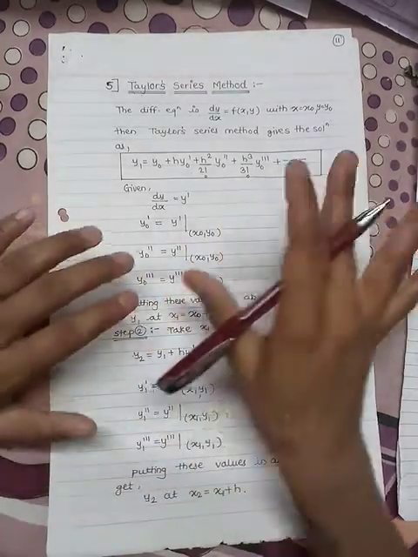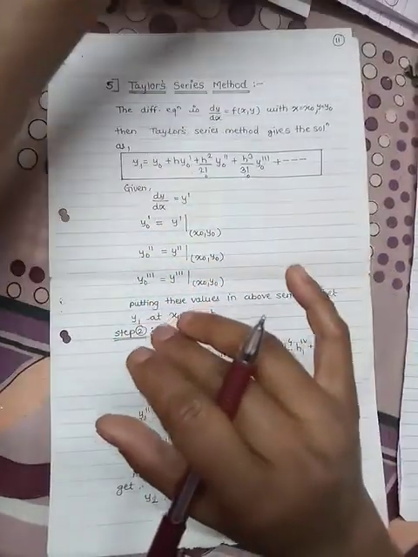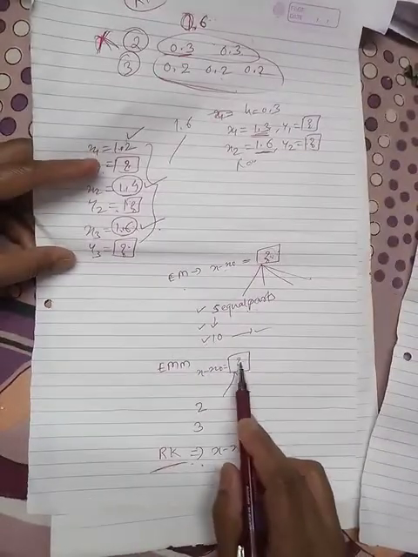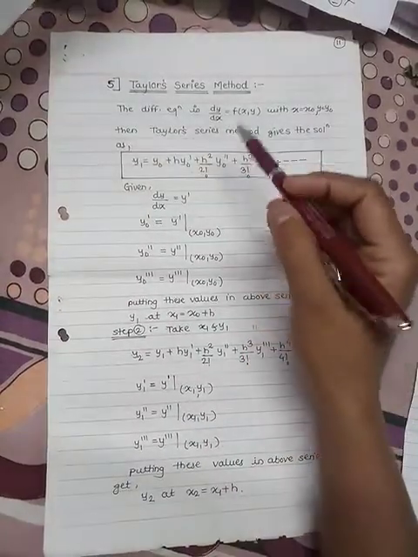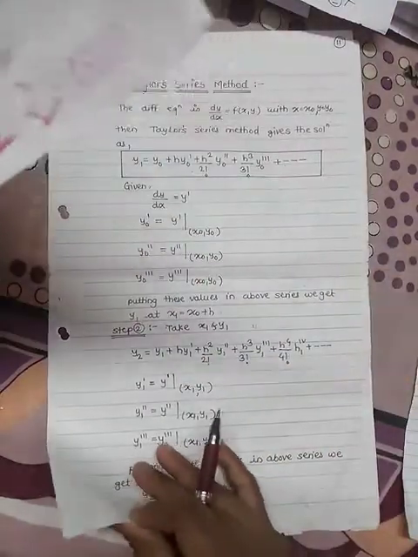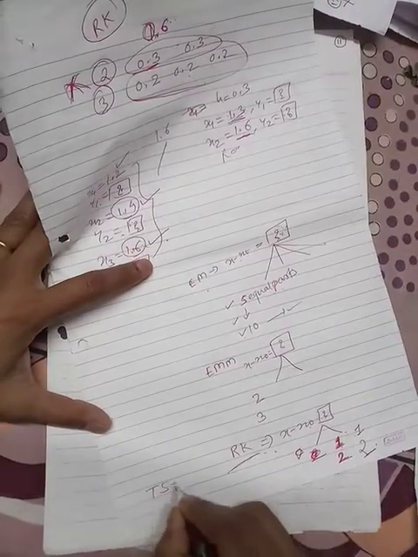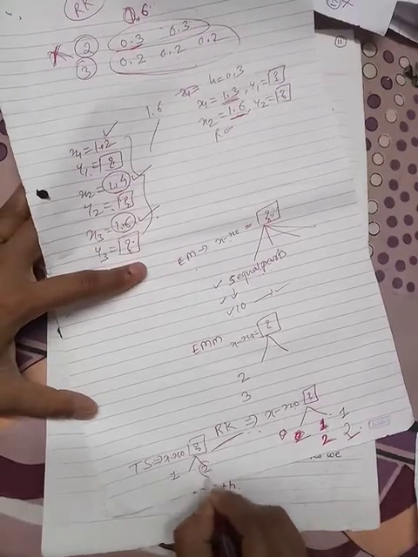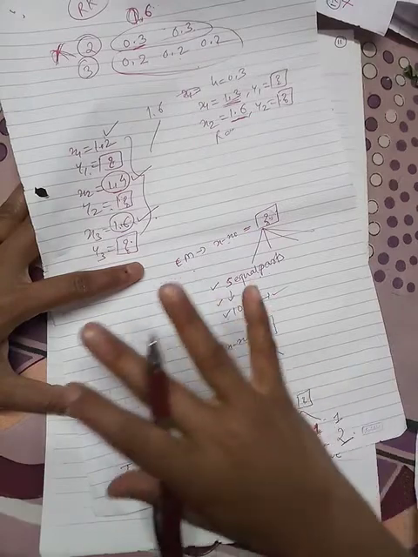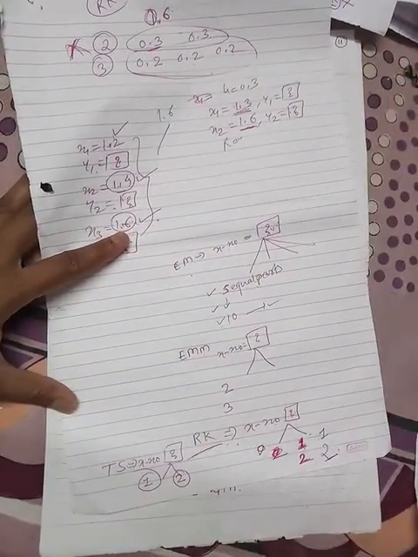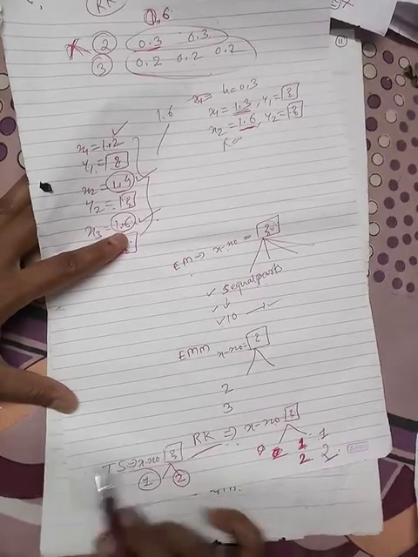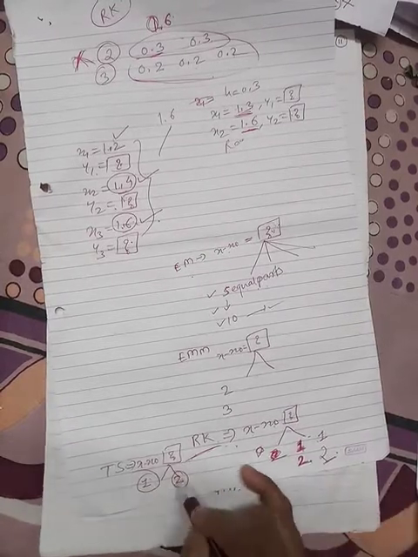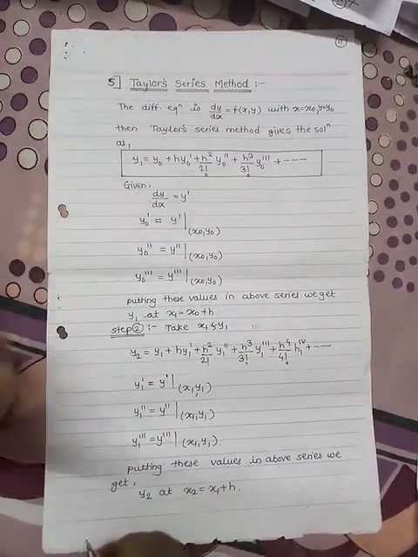If h or the number of steps are not given, then use the same trick again: split the x minus x naught number into 1 or 2 equal parts. The RK formula and Taylor's formula are the same in this respect. So for both RK and the Taylor series method, split that x minus x naught number into 1 or 2 equal parts, only in the case where h or the number of steps are not given.